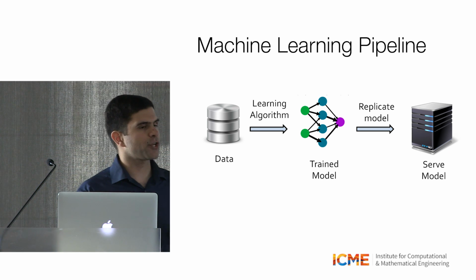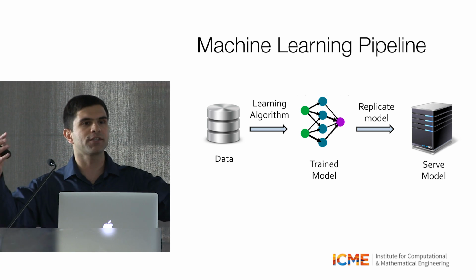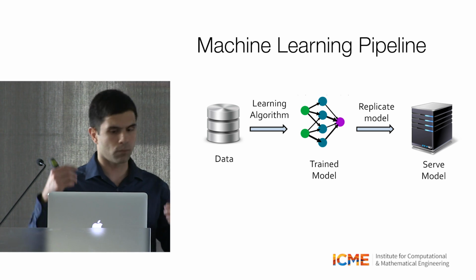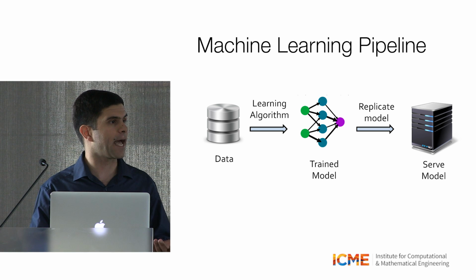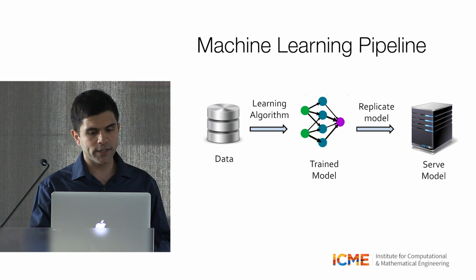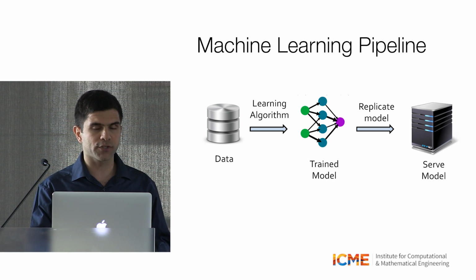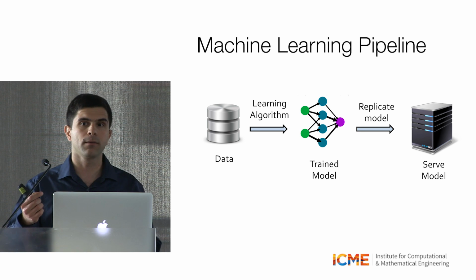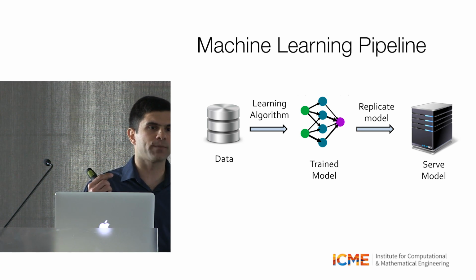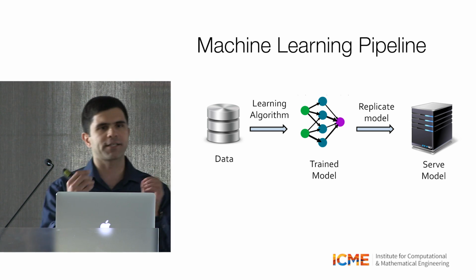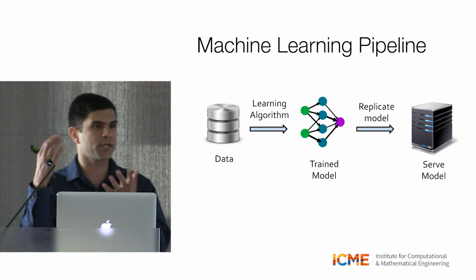Learning algorithms will have to change as we put 1,000 machines together to train a model. And so the whole learning algorithm has to be redone and refactored. Once you have a trained model, you can start asking, well, how big should my model be? Actually, it's kind of an unintuitive thing. At first, you might think, well, I want to take my data and compress it into some tiny, small model so that it generalizes.